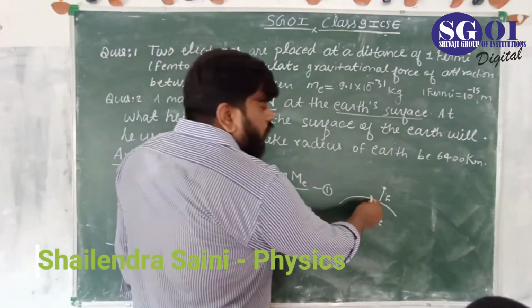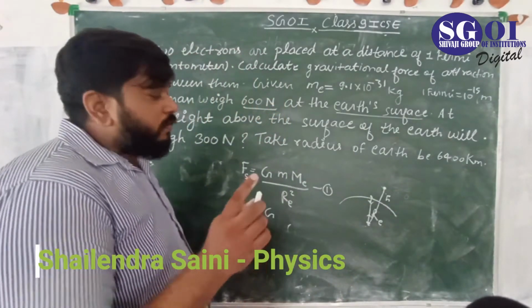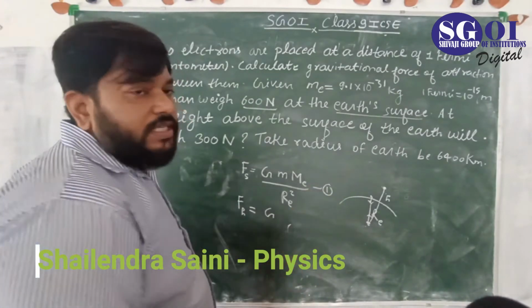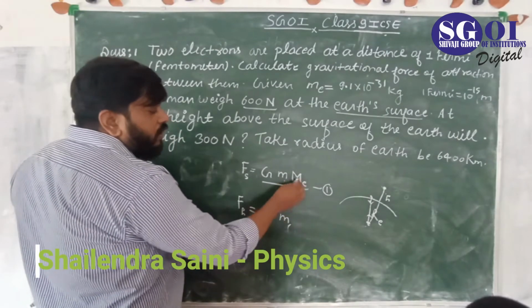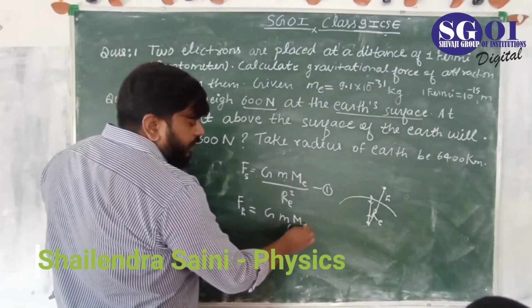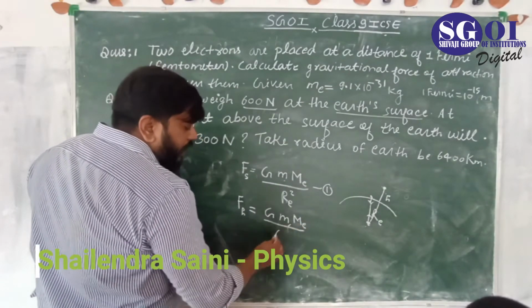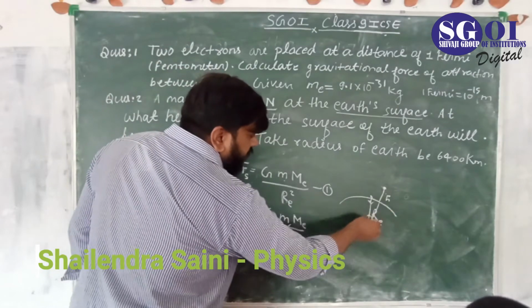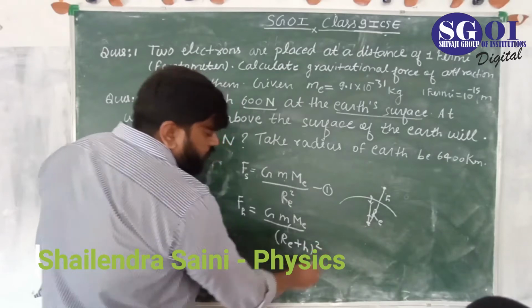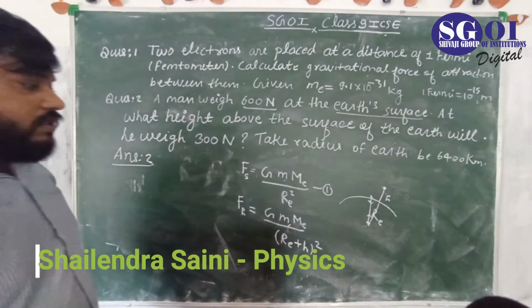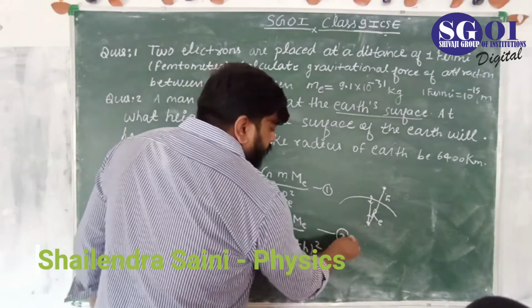Only the force on you by the Earth changes, because the distance is changing, but the mass remains the same. So it would be small m, mass of the Earth as it is, Me, upon Re plus h whole square. This is equation number second.